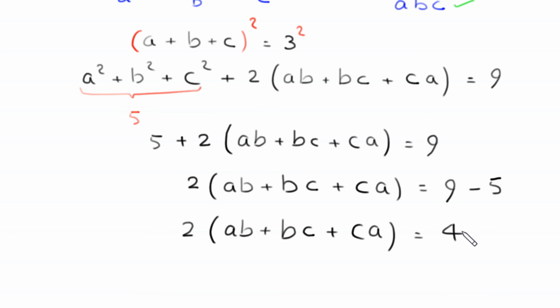And from here, if we divide both sides of this equation by 2, this implies that a times b plus b times c plus c times a equal to 2. Let's call this equation number 1.